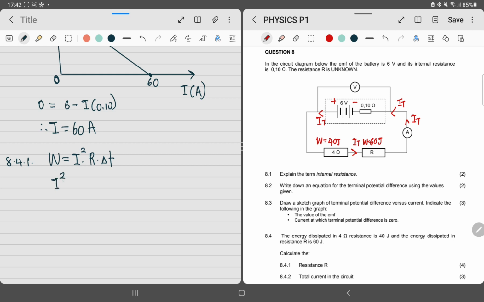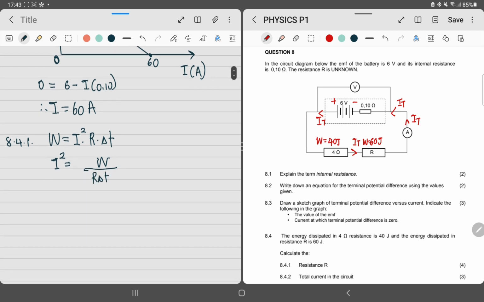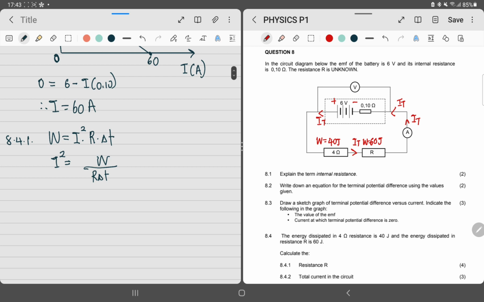So this is going to be I squared is equal to W over R delta T. So the current that flows through the 4 ohm will be equal to the current that flows in R. So this should be equal to W for the 4 ohm over R, 4 ohm, multiplied by the time.